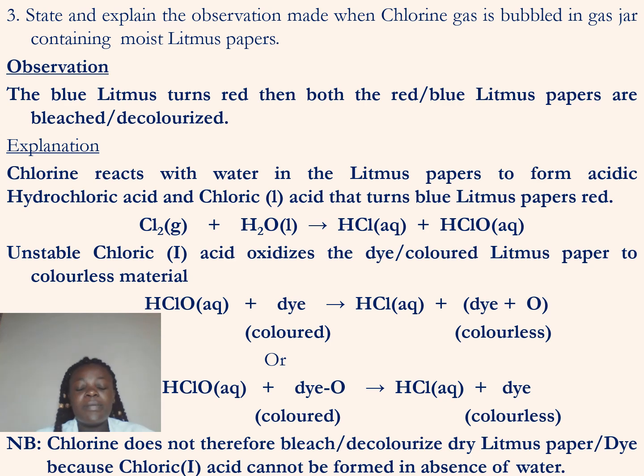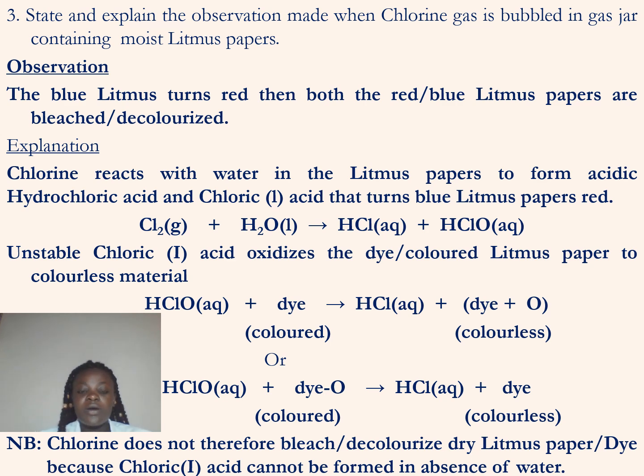Chlorine does not bleach. So chlorine is not a bleaching agent, and that's why it cannot bleach a dry litmus paper. But chloric 1 acid, that is formed when chlorine gas reacts with water, is what is used in bleaching.